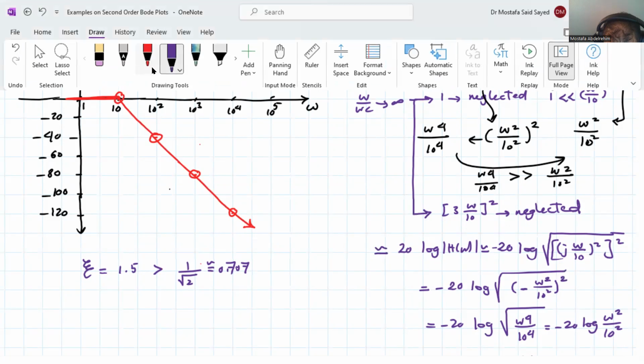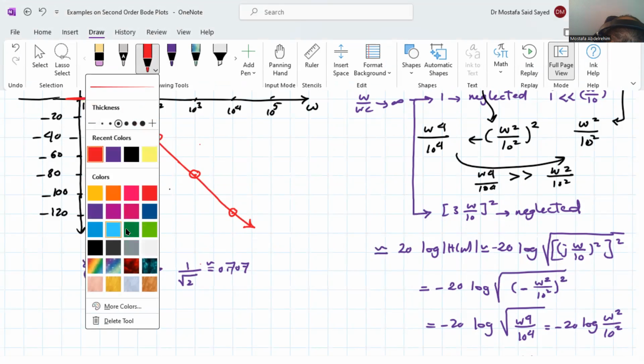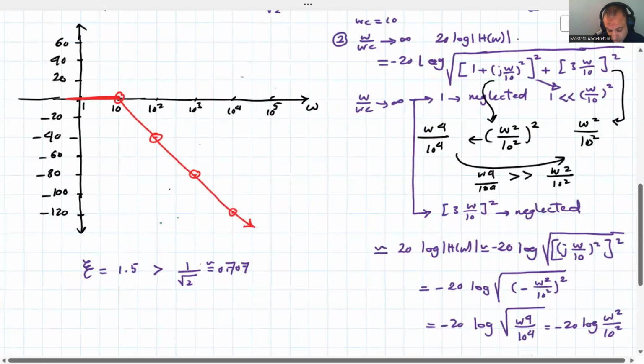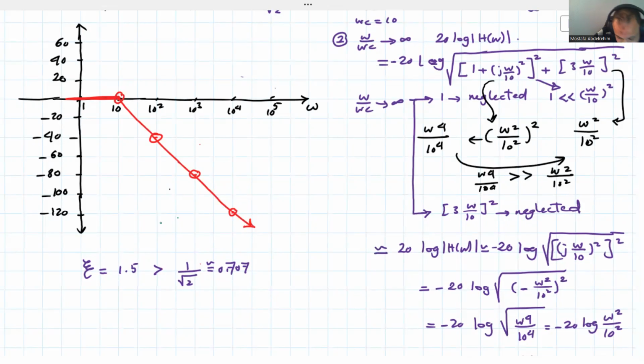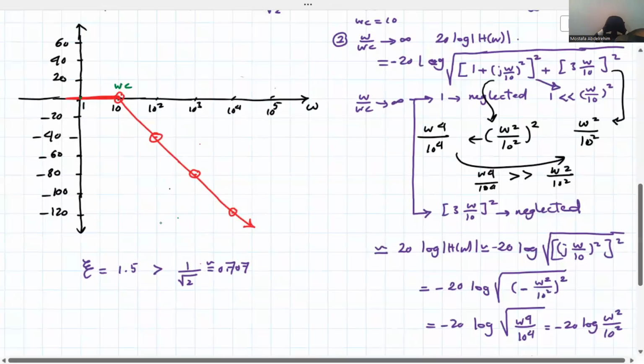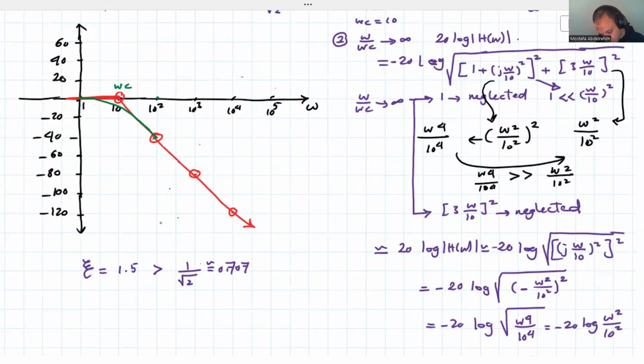So let's do this with green, for example. We start 1 decade before omega c. Here is omega c. We start from here, and we're going to end 1 decade after omega c. We're going to do something like that. So you start smoothing it, going down with a curvature.